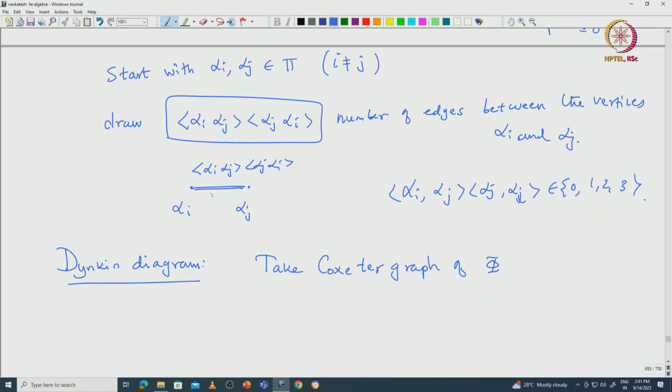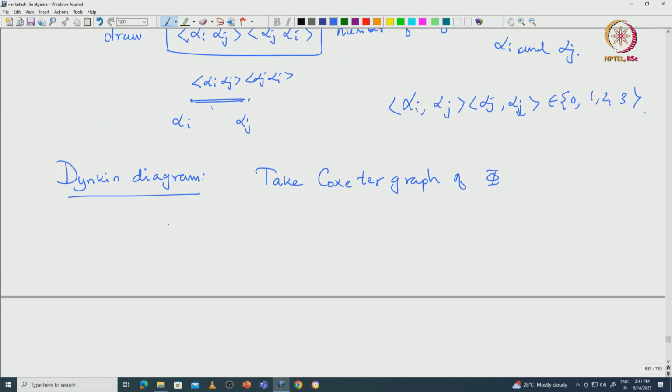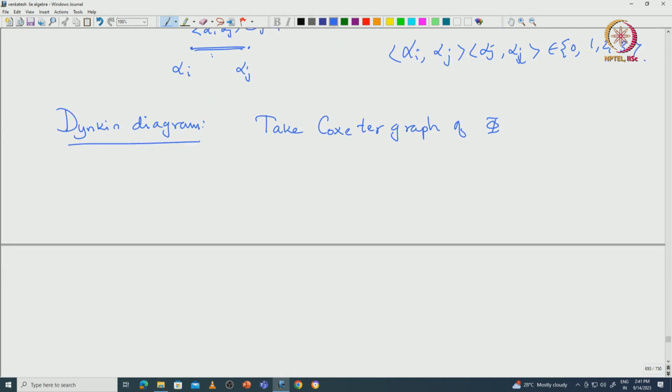To avoid this confusion, we have already seen that in any given irreducible root system there can be at most 2 root lengths, and there are examples like B2 that have 2 root lengths. So if you want to recover phi completely from the Dynkin diagram, you have to specify exactly which root is long and which root is short. Suppose you have alpha i and alpha j and you want to compare them.